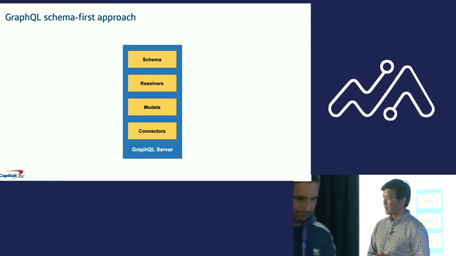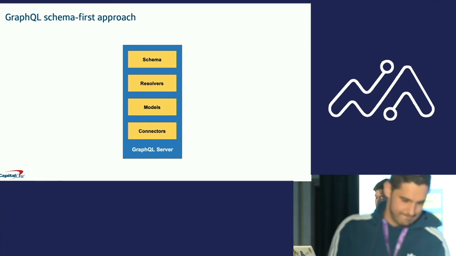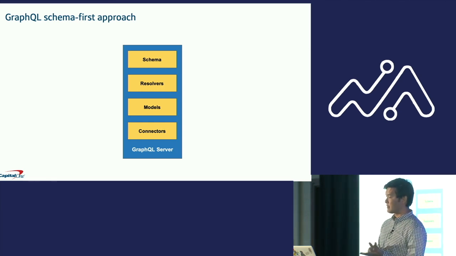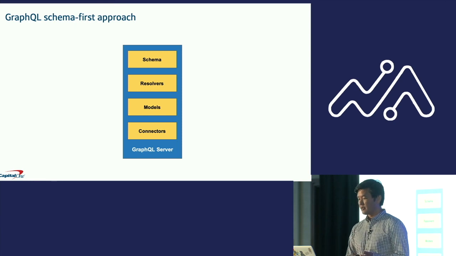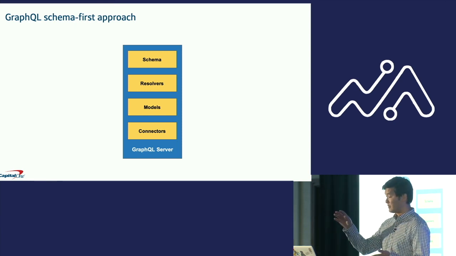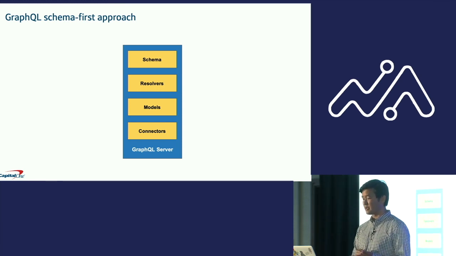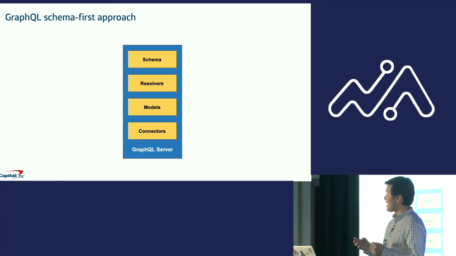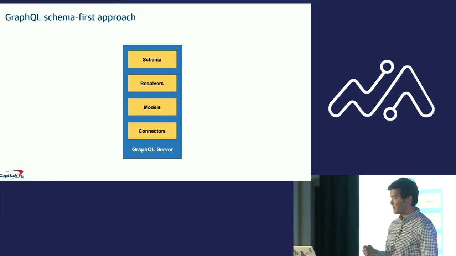There's a schema. There are the resolvers that help you aggregate the data that the client is asking for. There are the models that map to the fields of the schema for the object-oriented model implementation. And then there are the connectors that actually know how to talk to the backend data source and retrieve the data.